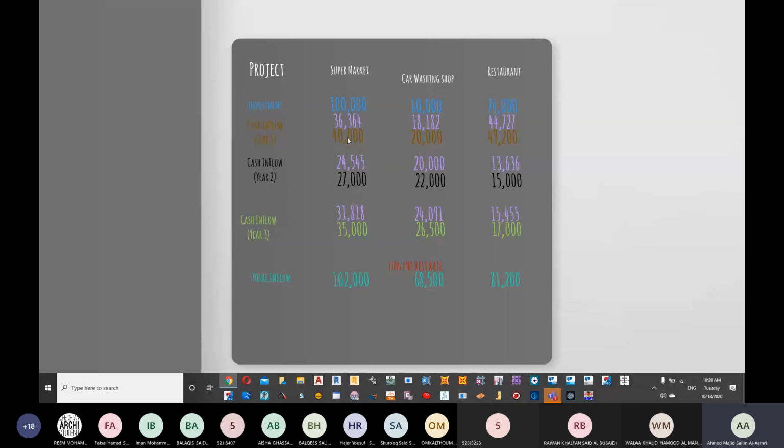For example, this cash inflow is happening after 1 year. Are we okay? The cash flow here is happening only after 1 year. I get that 40,000 after 1 year.